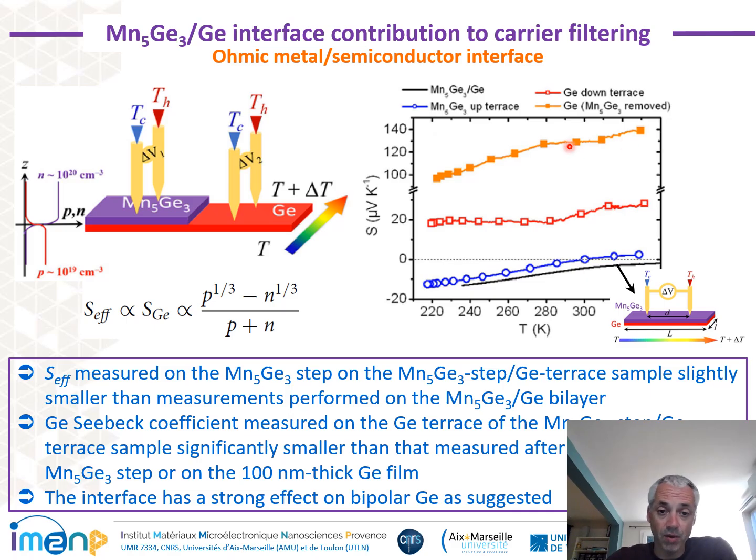So the Seebeck coefficient in germanium increases. So this shows that the interface, as expected, has a strong effect on bipolar germanium.